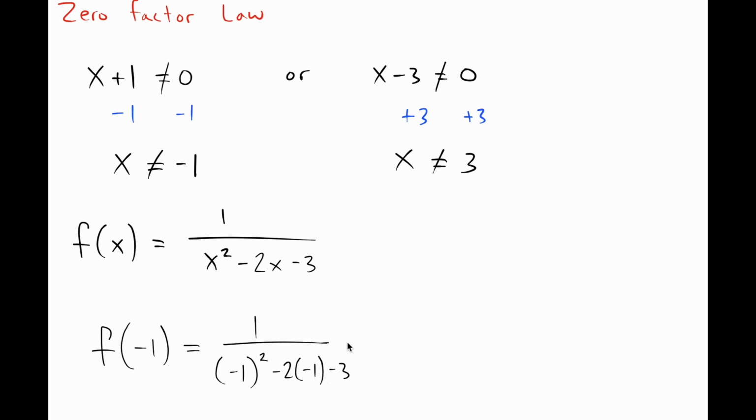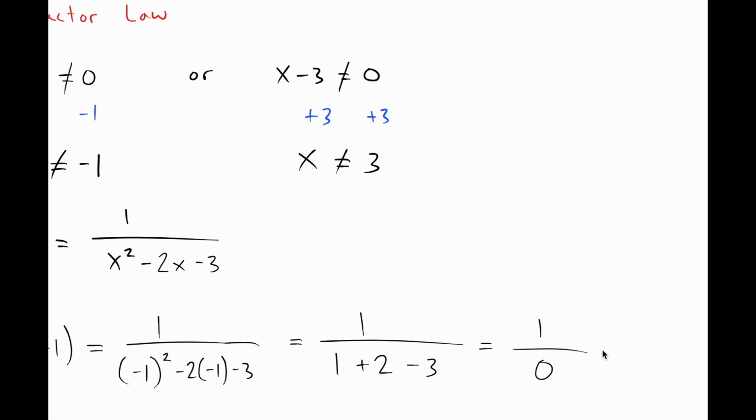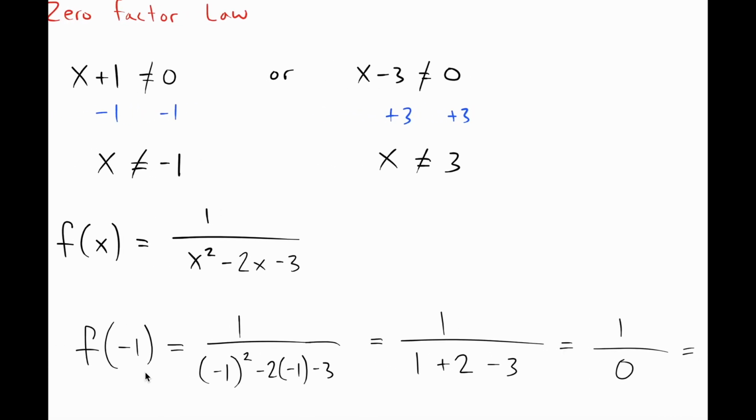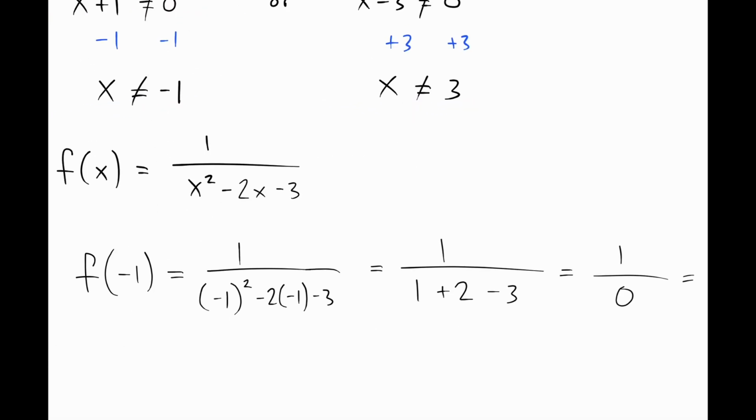So we get 1 over 1 plus 2 minus 3 if we plug in negative 1, and that gives us 1 over 0, which is undefined. And so negative 1 cannot be in the domain. We could also try this for 3.